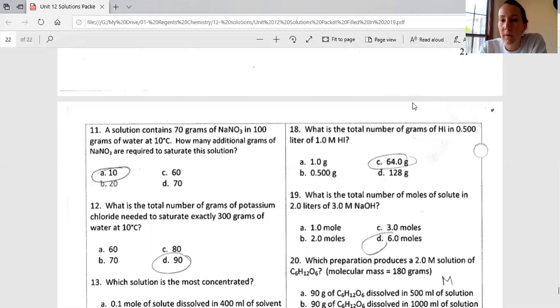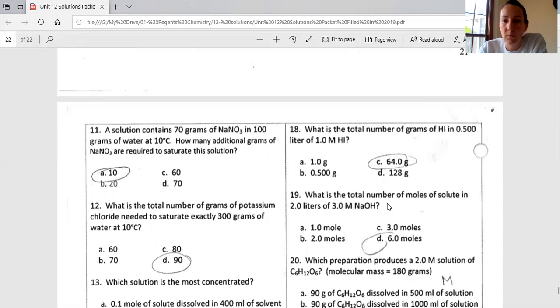So 1 times 0.5 is 0.5 moles. Then you're gonna multiply times the mass of HI. H is 1, I can't remember, I think it's like 127. Yeah, that makes sense. So you have 0.5 moles times 128 grams over 1 mole gives you 64 grams.